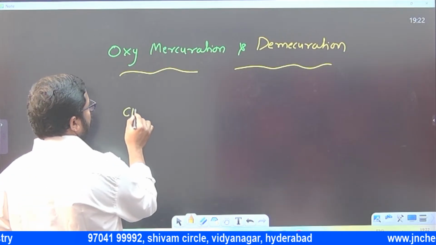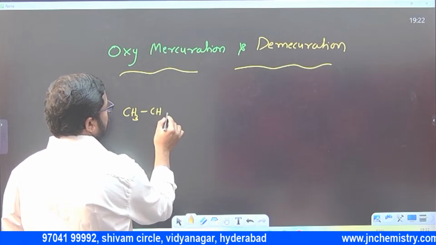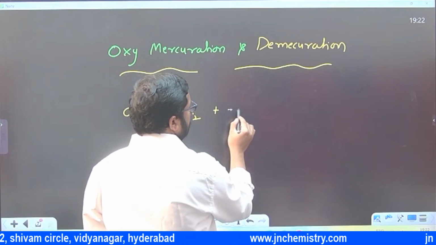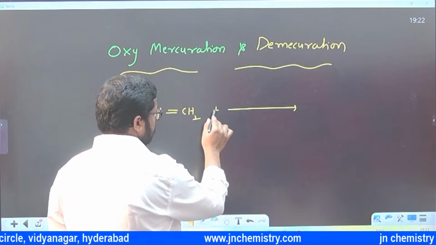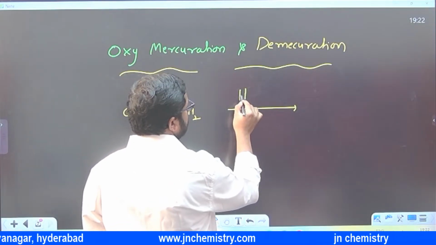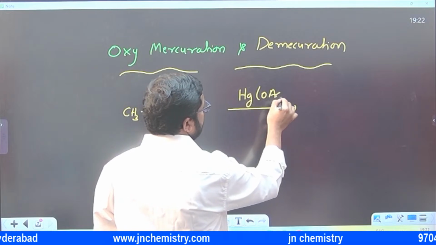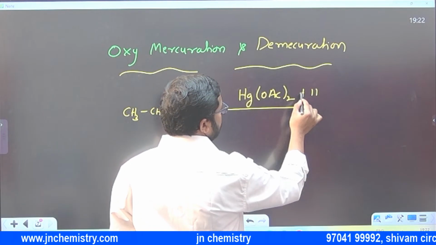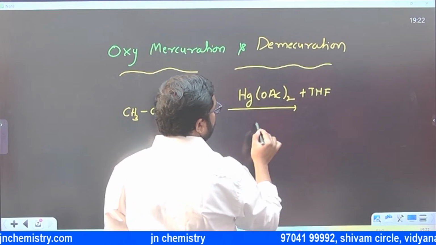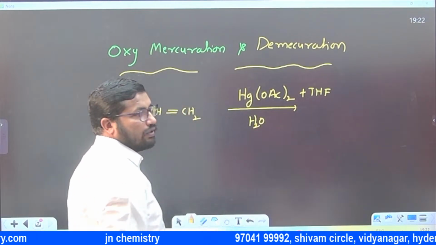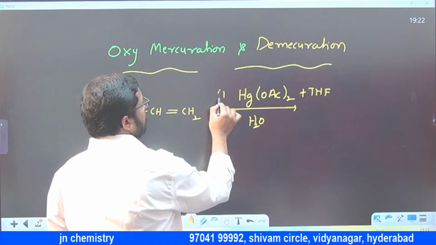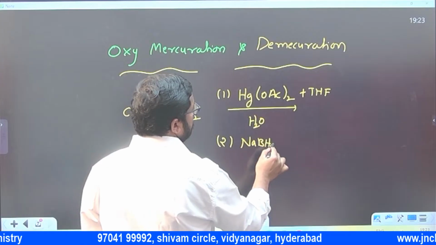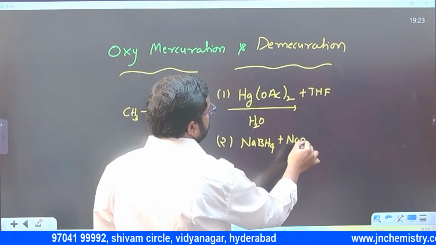For example, CH3CH=CH2 with Hg(OAc)2, taken twice, plus THF, tetrahydrofuran, water, as step 1, and step 2, NaBH4 plus NaOH.